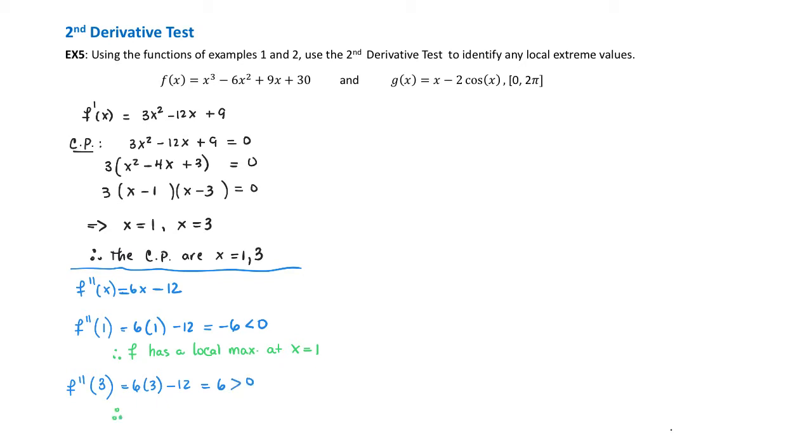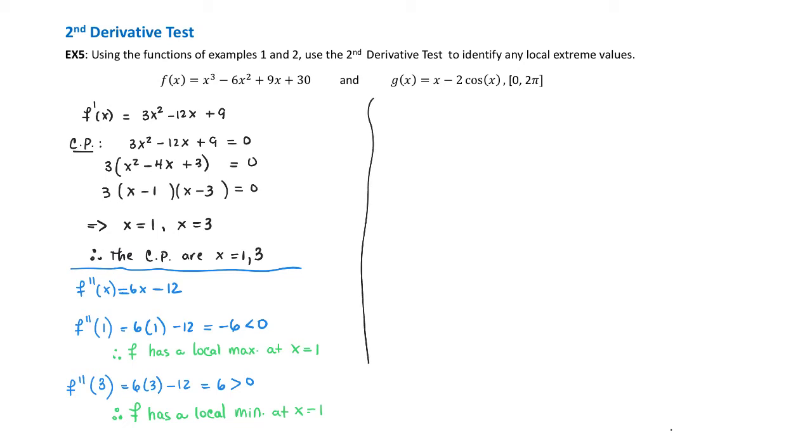That is telling me that f has a local minimum at x equals 3. Okay. So that's another way. The second derivative test is another way to test critical points for local maximum and local minimum.